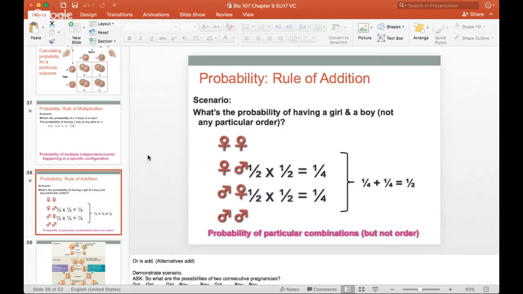Versus you have a friend that's a little bit more honed in on the dating game, and they say, I will only consider the date a success if they bring me flowers and they pay for dinner and they drive me home. The odds of all three of those things happening are not going to be as likely. It's more likely that just one of those things will happen, right?